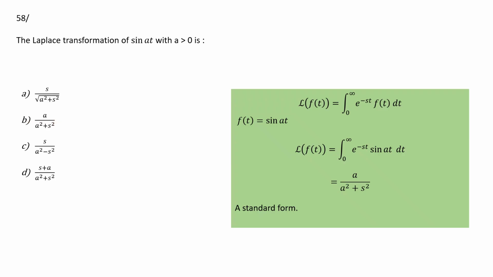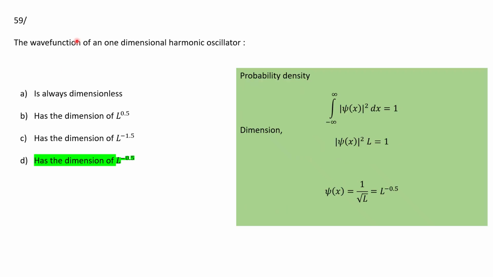Okay, then 59. The wave function of an one dimensional harmonic oscillator. तो जो हार्मोनिक ऑसिलेटर है उसका जो वेव फंक्शन होता है उसका डायमेंशन क्या होगा इन 1D. Okay, वो हमें निकालनी है. तो हमें पता है probability is equal to integration over minus infinity to infinity of psi x square dx is equal to 1.